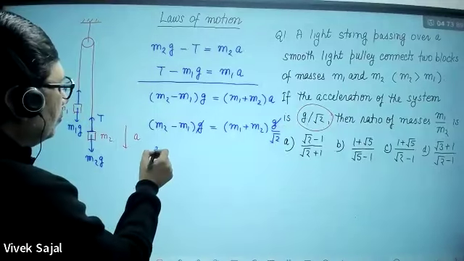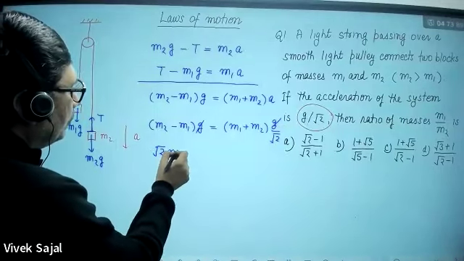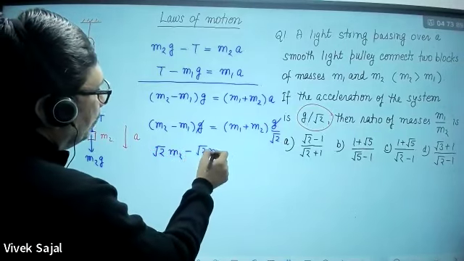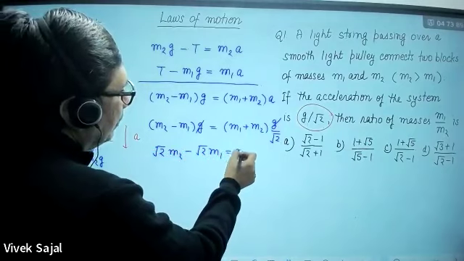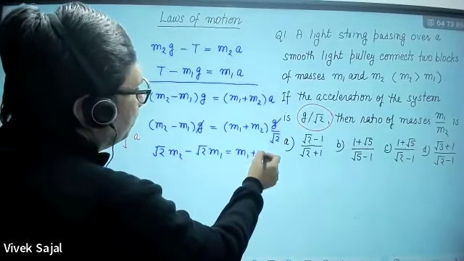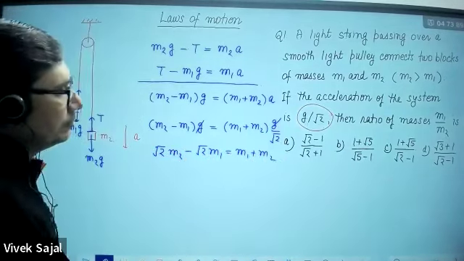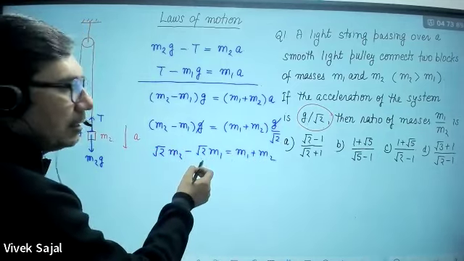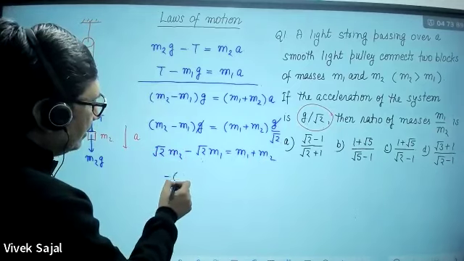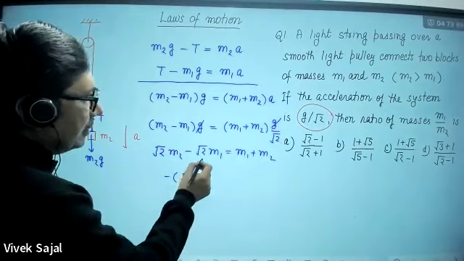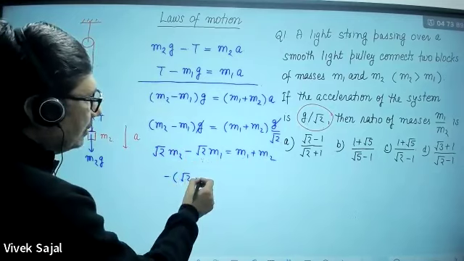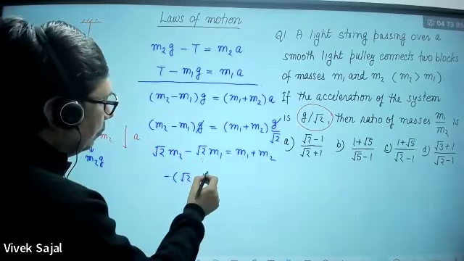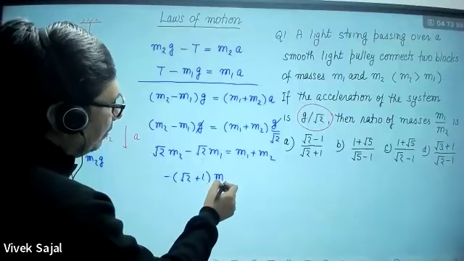And this will be root 2 of m2 minus root 2 of m1, and that will be equal to m1 plus m2. So here, if I bring this m1 on this side, then this will be minus root 2 and minus 1, so this will be root 2 plus 1 into m1 here.